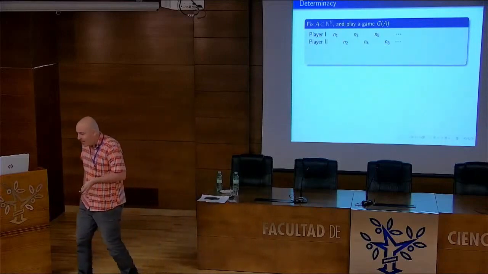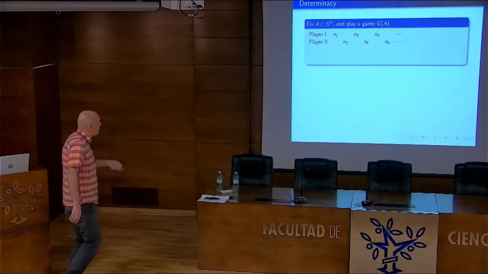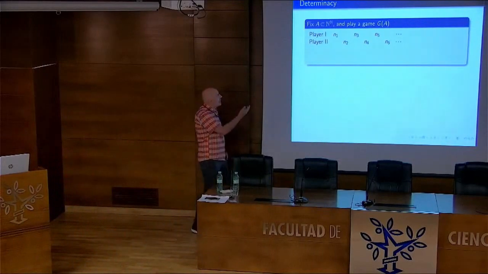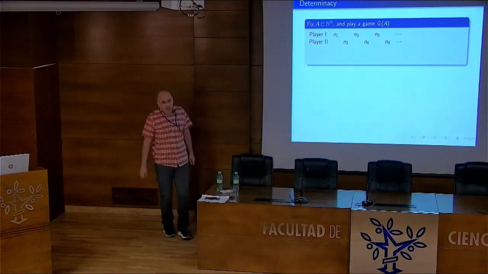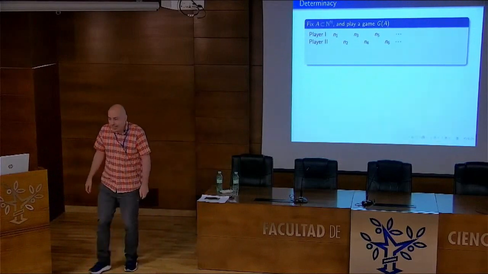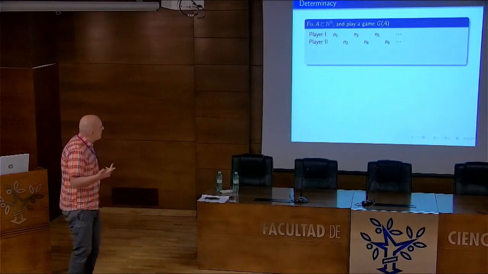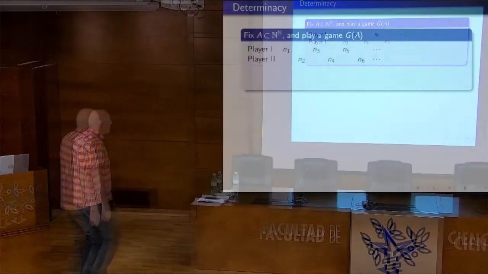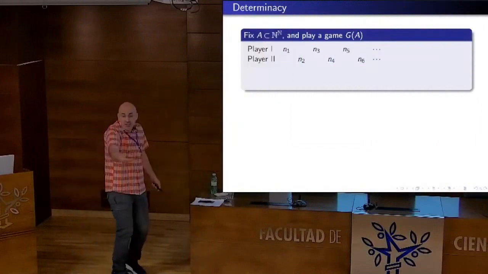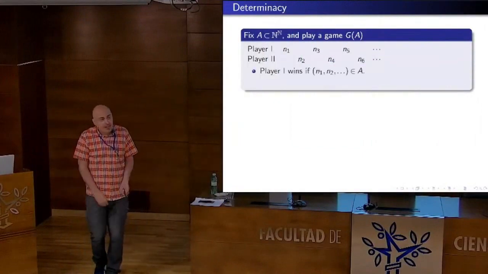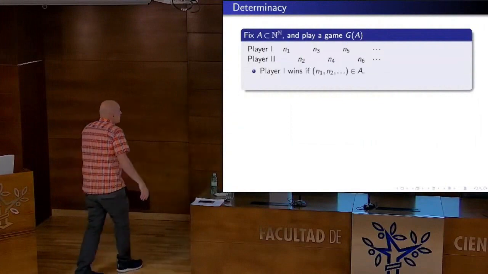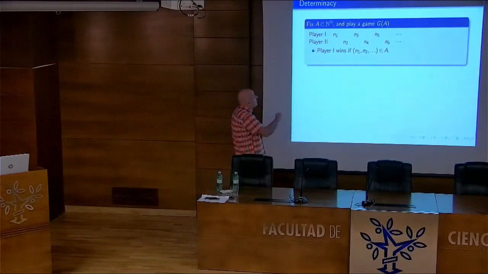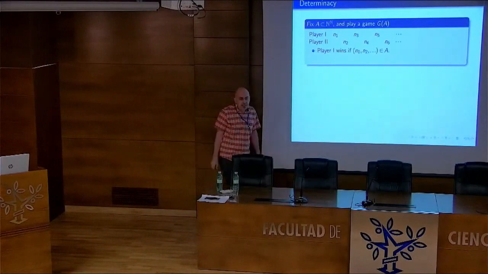Imagine that you have a subset A of the set of sequences of natural numbers, and then you play a game that we call G of A. There are two players, player 1 and player 2, and they alternately play natural numbers. When they play these natural numbers, in the end they produce a sequence of natural numbers, when I put all these numbers together. We say that in this game player 1 wins if the sequence belongs to the set that I fixed at the beginning.